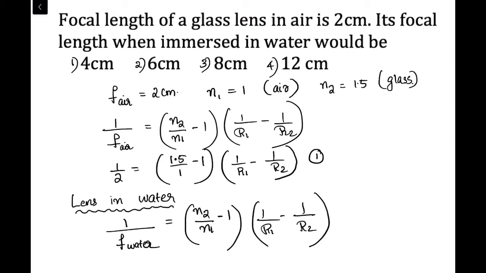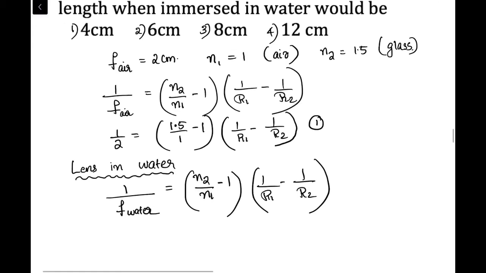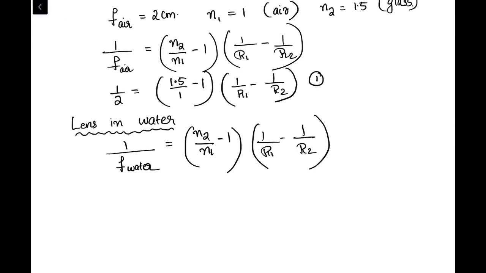Now what values do we substitute? n1 is water, 1.33, the refractive index of water, and n2 is 1.5, the refractive index of glass.